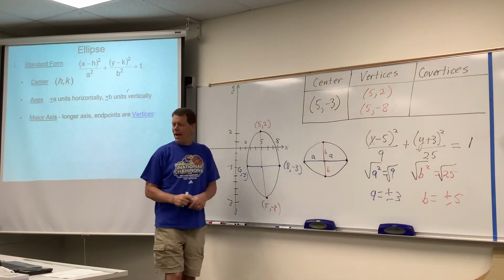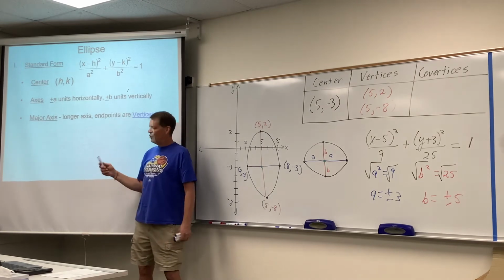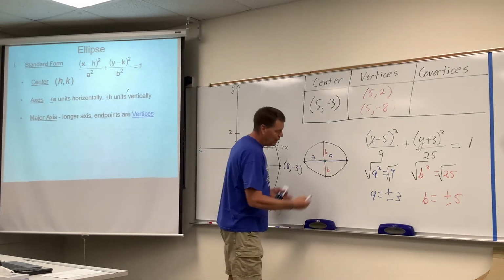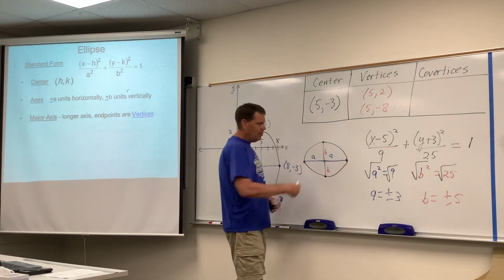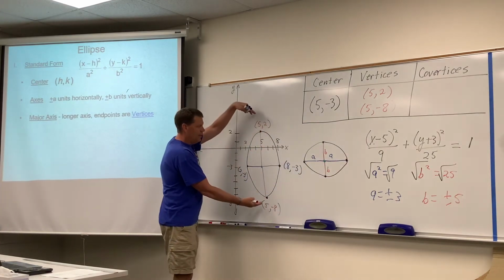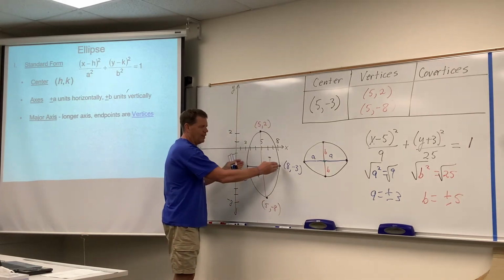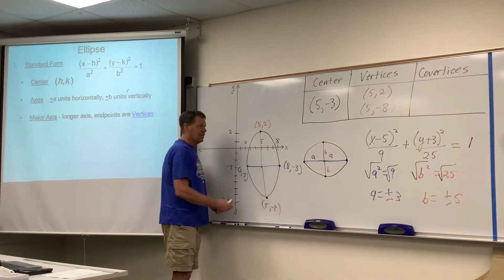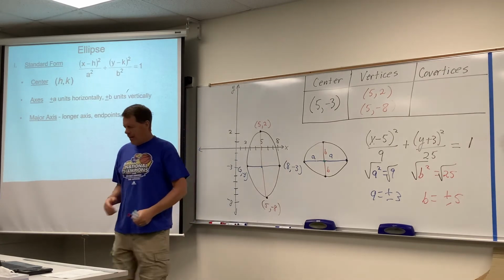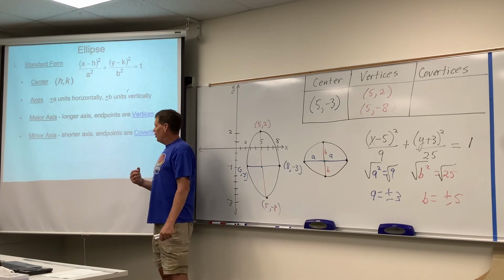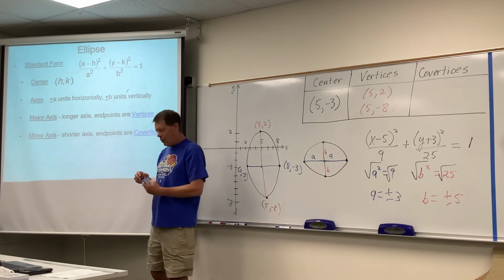The word vertices should make you think which one's longer. It could be either one, it could be the ones on the side. But on this one, a vertical shift of 5 is longer than a horizontal shift of 3. So those are the vertices. On the other hand, you have a minor axis. That's the one that's shorter, and its endpoints are called co-vertices.